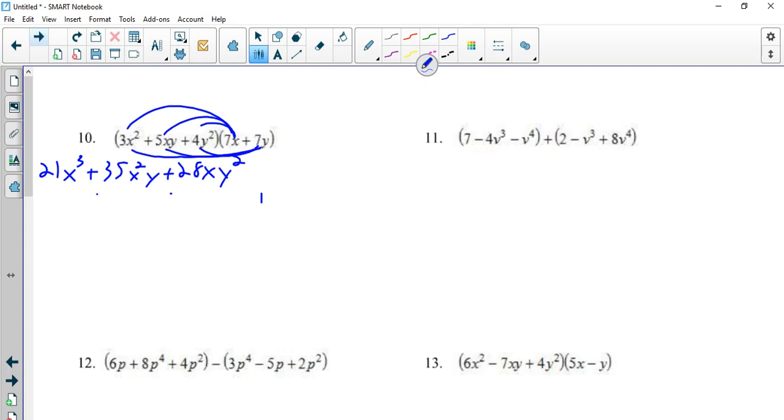So next, the numbers are going to be the same. 7 times 3 is plus 21. But then it's going to be x squared y. And then it's going to be plus 35 again, but it's going to be xy squared, because we're doing y times y there. And it's going to be 28 one more time, but it's going to be y to the third.